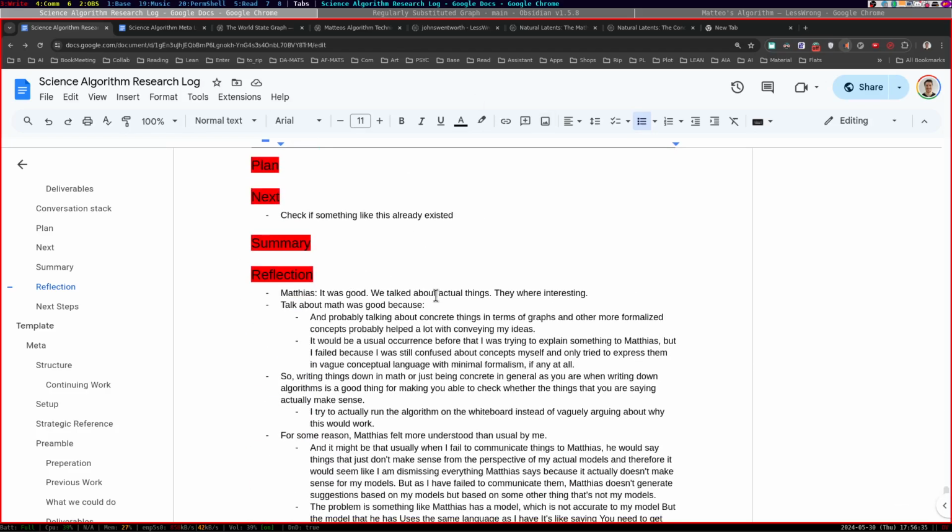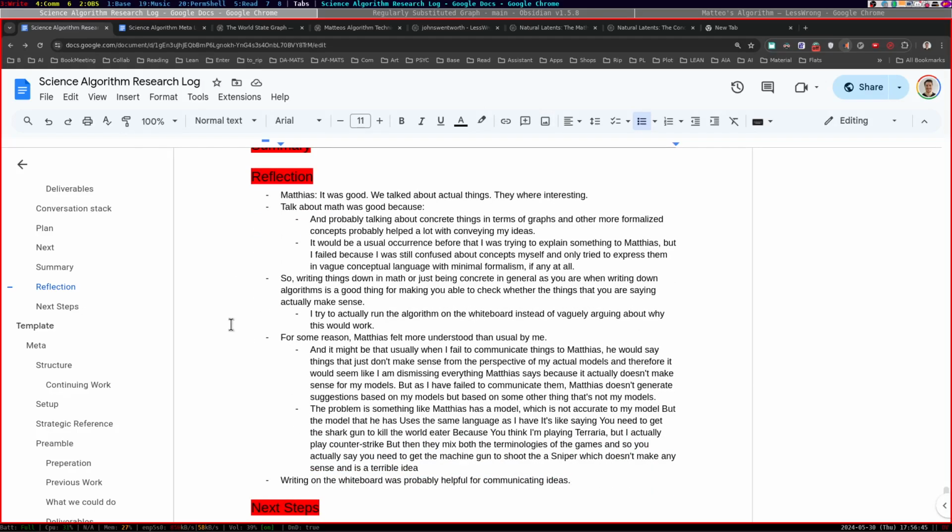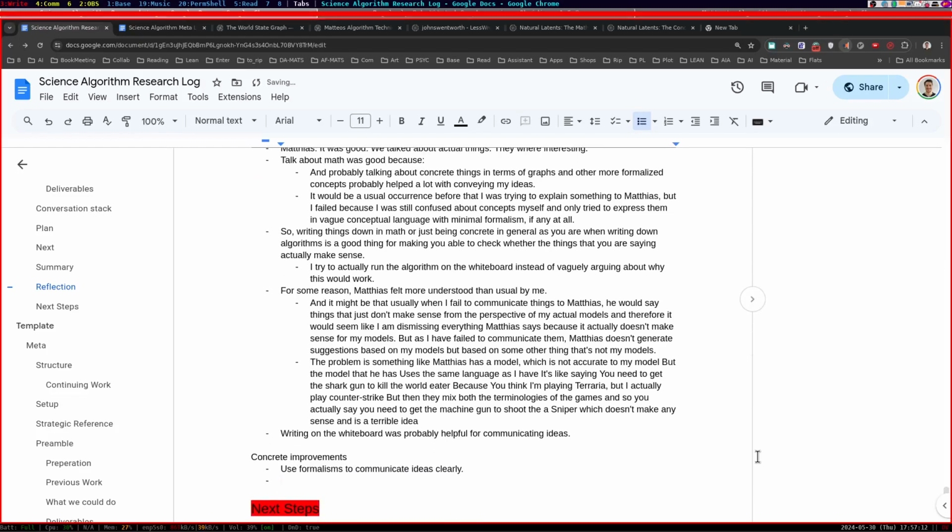What could we do better? No. Well, okay, concrete improvements. Talk more about using formalisms to communicate ideas clearly. Use a whiteboard to communicate ideas clearly. I would guess the main thing that we did better is that we were better at communicating.